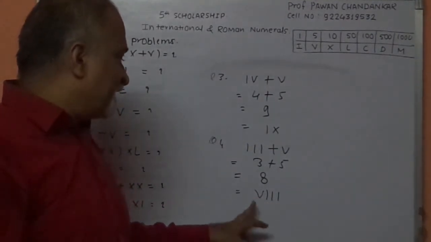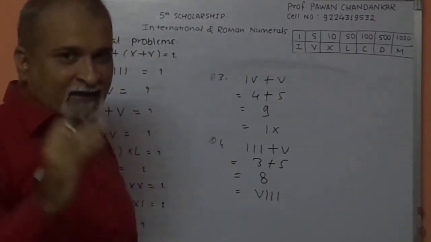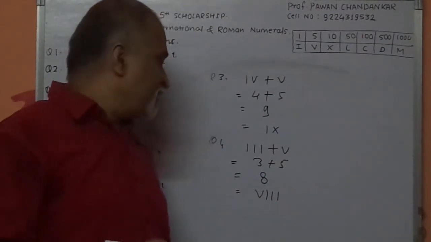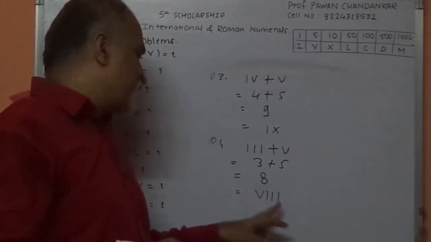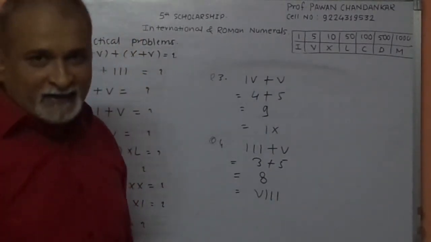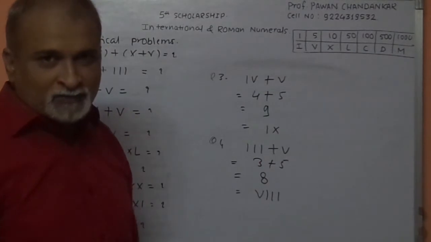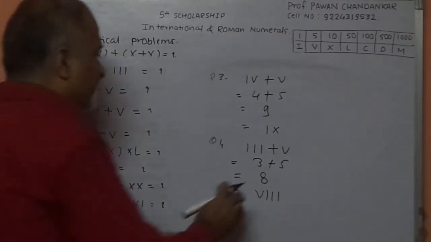It indicates that as we write 5, if we write I 3 times to the right of V, we are supposed to add these 3 in 5. So 5 plus 3 gives you 8. Right, students? Let's try to understand the next question.